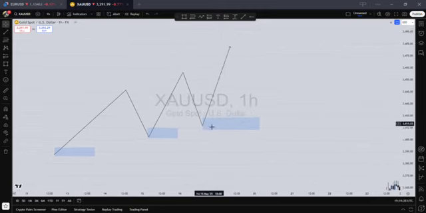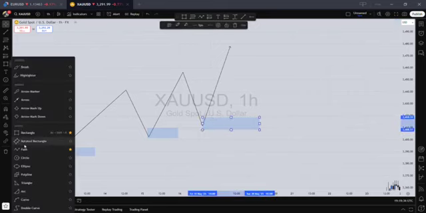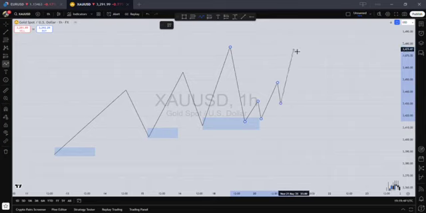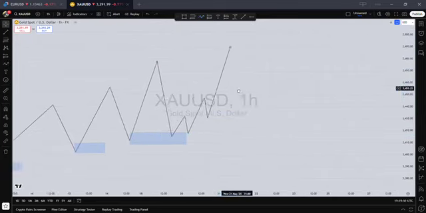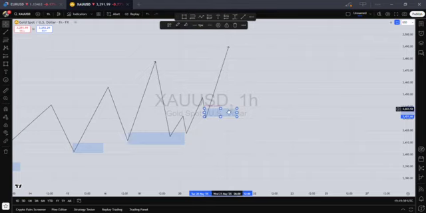Sometimes when price comes here, it taps into this order block, creates another one, taps into it, creates another one, taps into it before it continues, such that price can now come here without coming to the bottom to react.